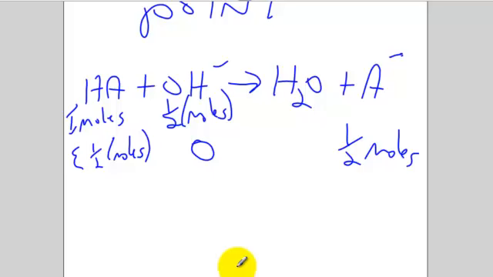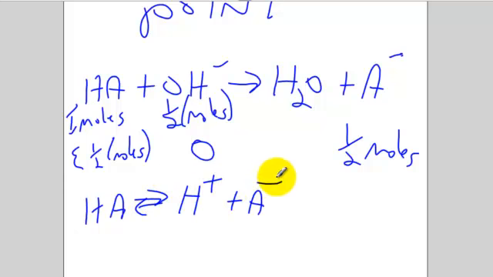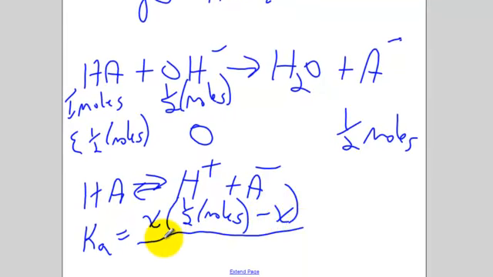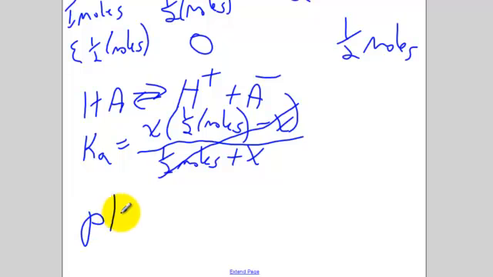At that point, when I do my icebox, when I do HA in equilibrium with H plus and A minus, and I do my whole icebox, I'm going to end up with Ka equals X times half of the moles that I originally started of HA, minus X, over that half moles plus X. If I'm neglecting X, these guys are canceling, which means pH is negative log of X, but X equals Ka.